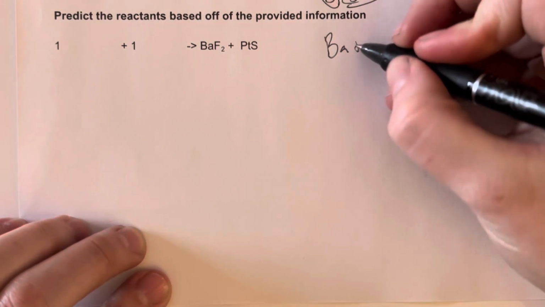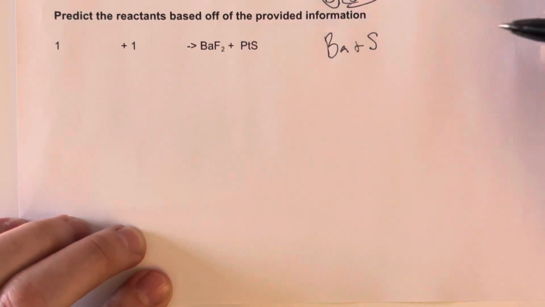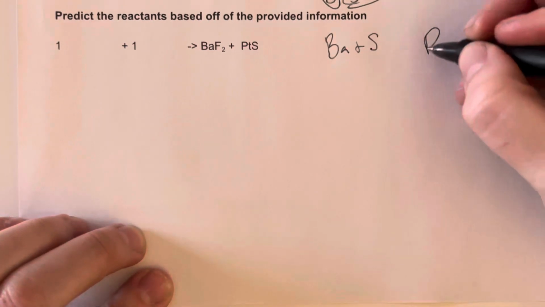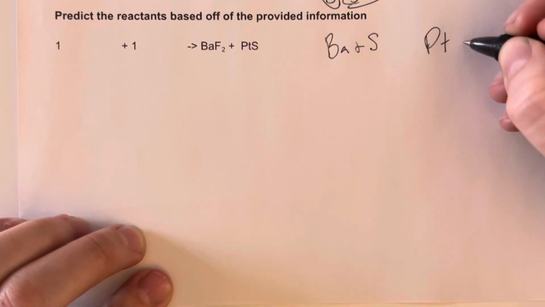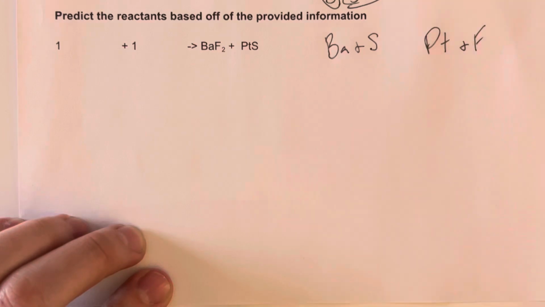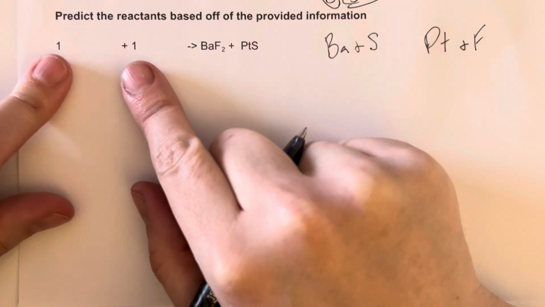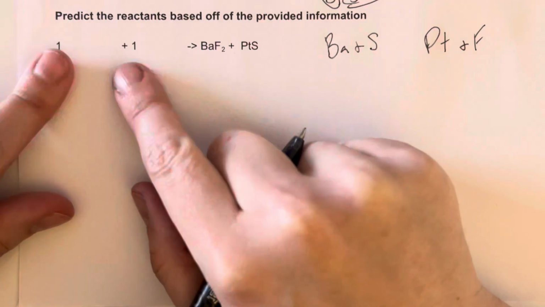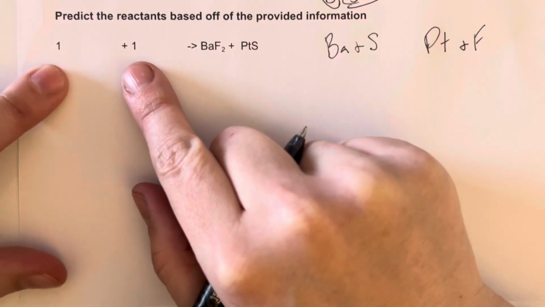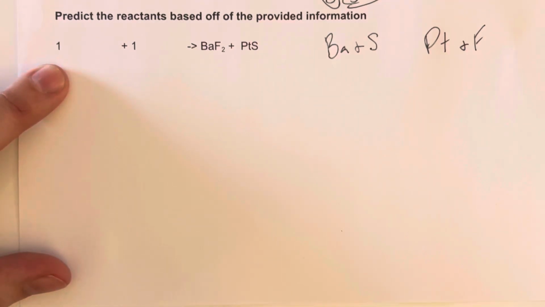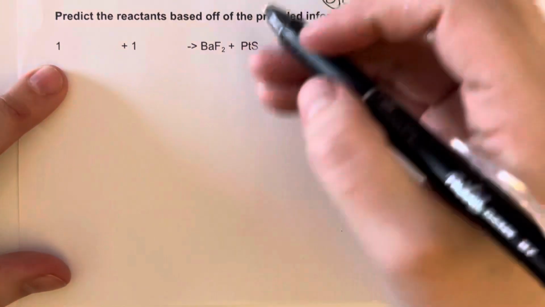So that means that barium would need to be bonding with sulfur, and that platinum would need to be bonding with fluorine. I already have my set coefficients here, so that means that I have to keep the count the same on the left-hand side and on the right-hand side.